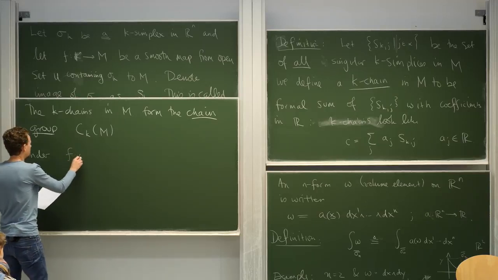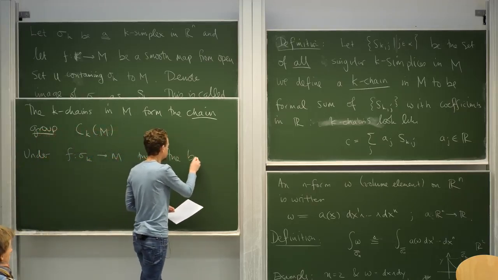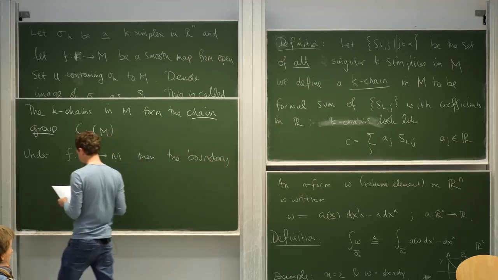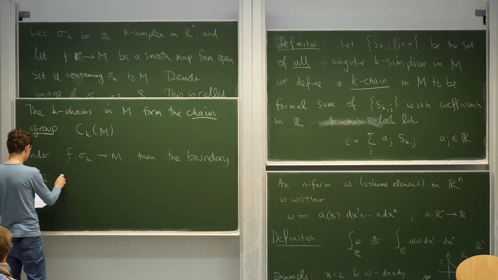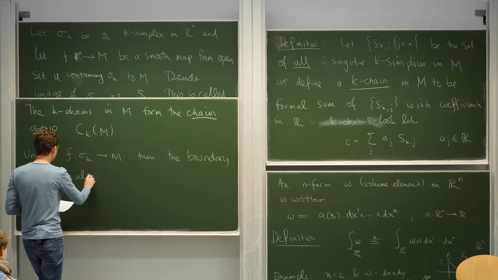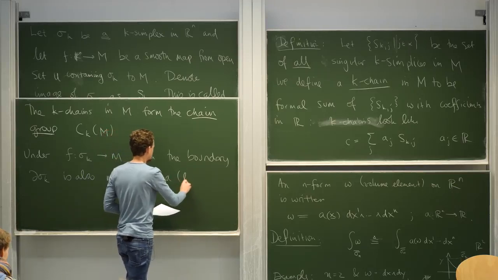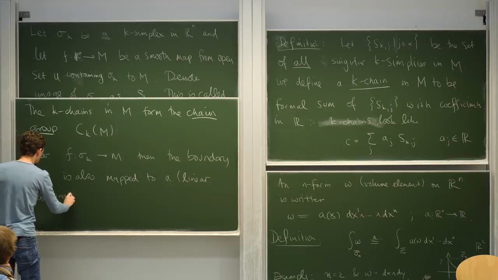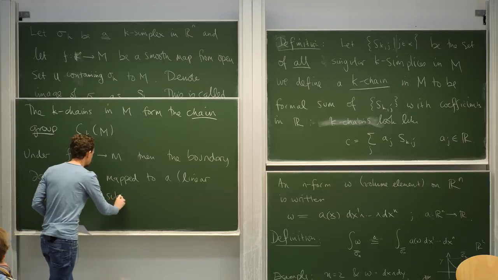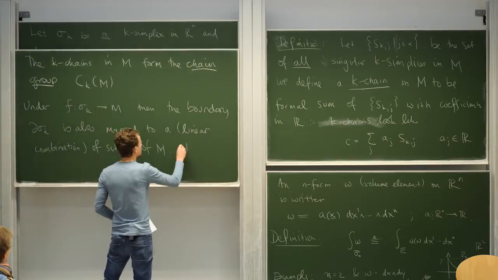If you have some map from a k-simplex to a manifold, then it's kind of obvious, but it's important to spell it out: the boundary of sigma_k gets mapped to boundaries in M, or to subsets in M. And why are we saying that?